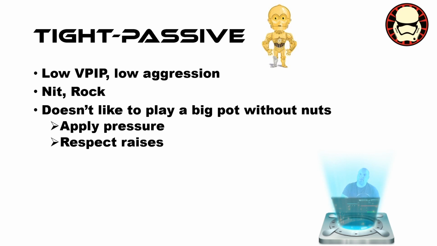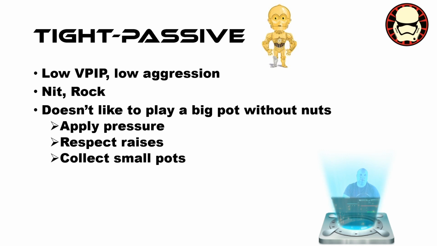But when he raises, you have to respect his raises. No matter what kind of situation it is, if you think he's bluffing, tight passive players don't bluff that much. So when he raises, you should be prepared for him having the nuts and then play accordingly.